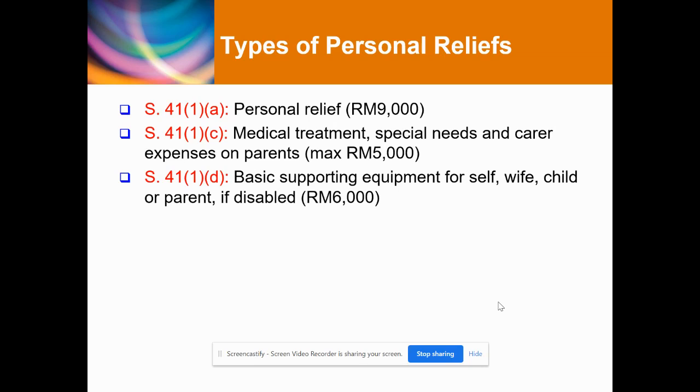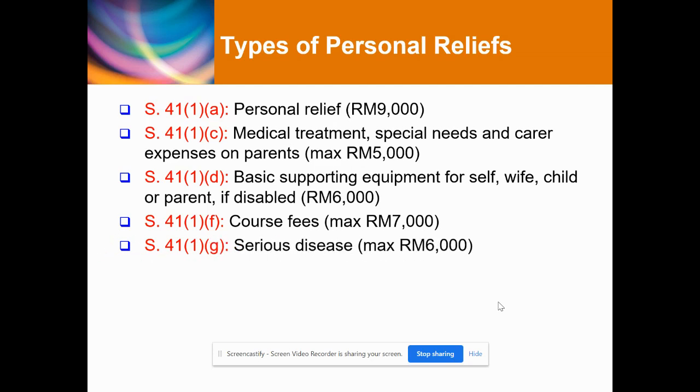Then basic supporting equipment for self, wife, child, or parent if disabled. Let's say you purchase a wheelchair or any other supporting equipment, you can claim up to 6,000. Course fees: if you enroll in different types of courses, the maximum that you can claim is 7,000 ringgit.